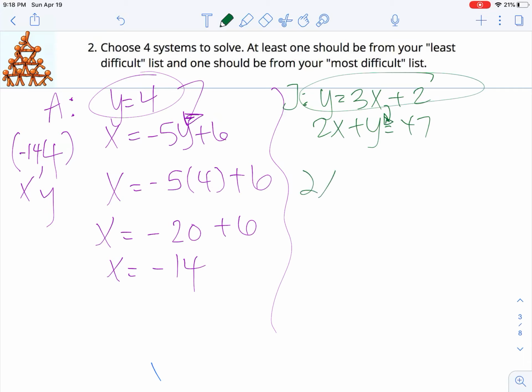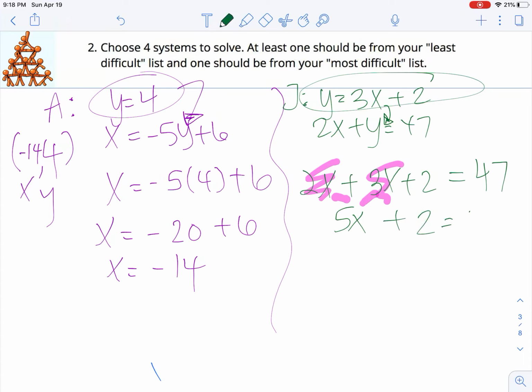So 2x plus, and then you plug your y in, 3x plus 2 equals 47. (Ooh, that's really loud, sorry.) So then I've got 5x, because I'm combining like terms, right? I have 2x and 3x. That makes 5x. And then plus 2 equals 47.